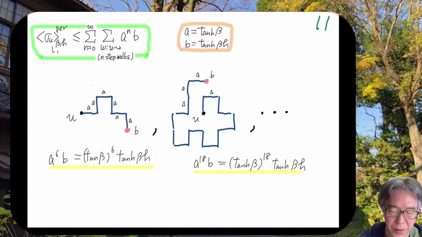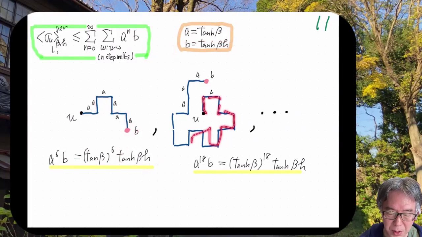And this factor a, hyperbolic tangent beta, sort of represents the interaction term. So here you start and you make use of interaction and come here, come here, come here, come here, and this factor b represents, of course, the effect of the external magnetic field. So you start from here and you walk, and then you pick up the effect from the magnetic field, and you do the same thing here.